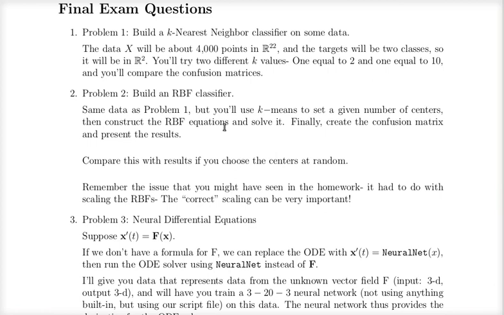That's the w hat and the phi hat, and then you take the pseudo inverse of phi hat and multiply it by your target matrix. Then finally create the confusion matrix and present the results. I also want you to run the same thing, but just choose the centers at random instead of using k-means, and compare the confusion matrices.